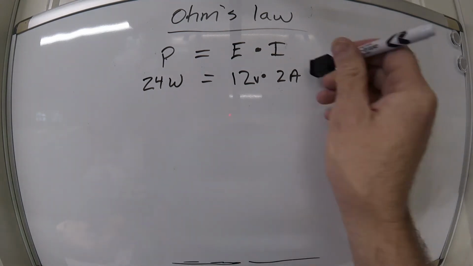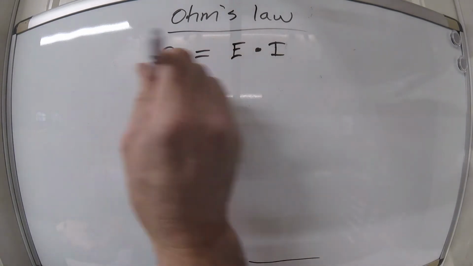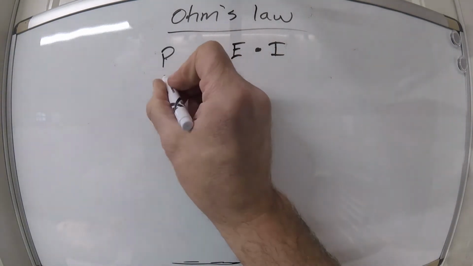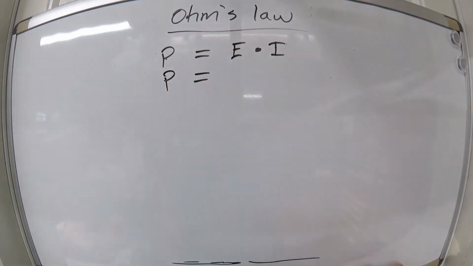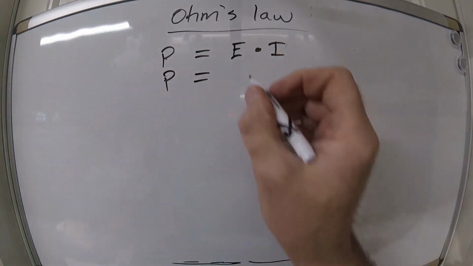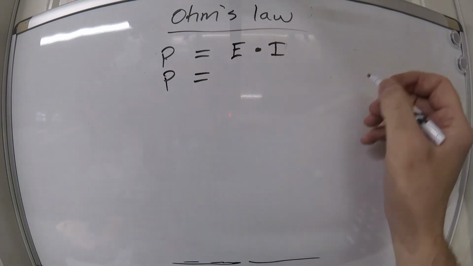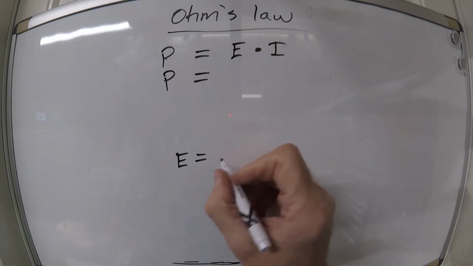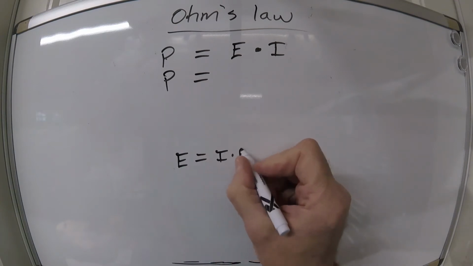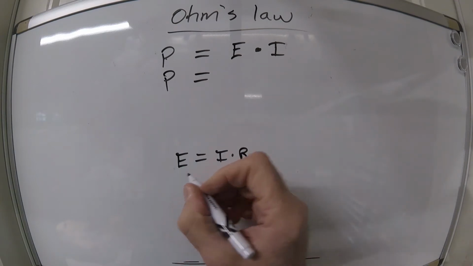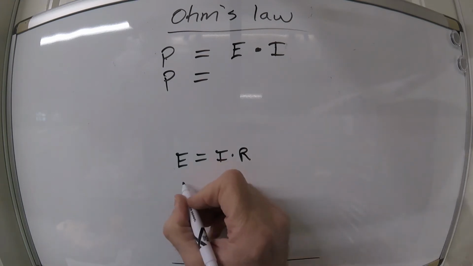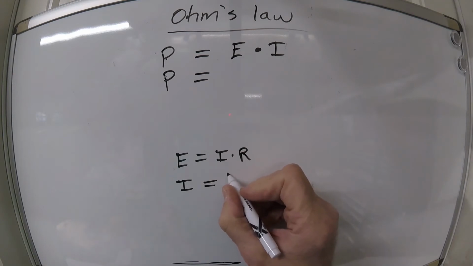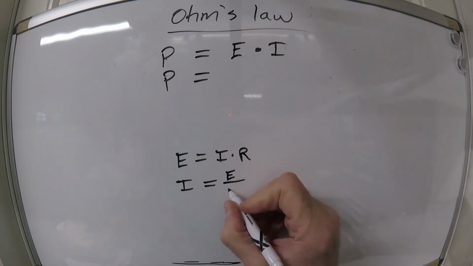Now, if you remember what we did with Ohm's law a minute ago, you know we can solve for this a few different ways. We can also say that power is equal to something else. With Ohm's law we said that E equals I times R, and we also said I, the current, is equal to voltage divided by resistance.